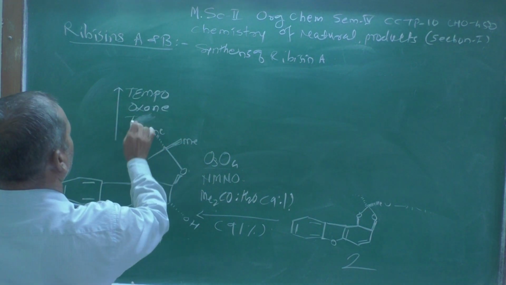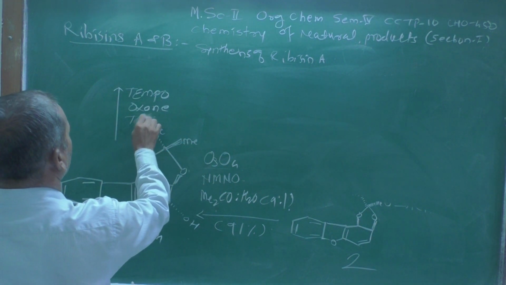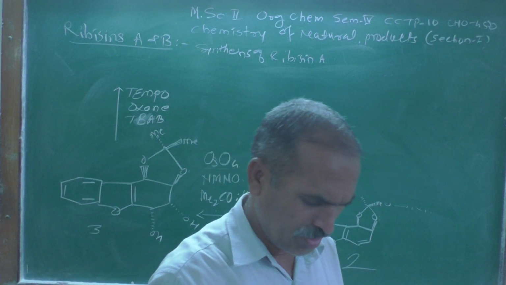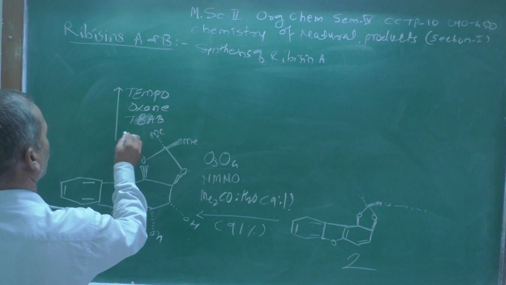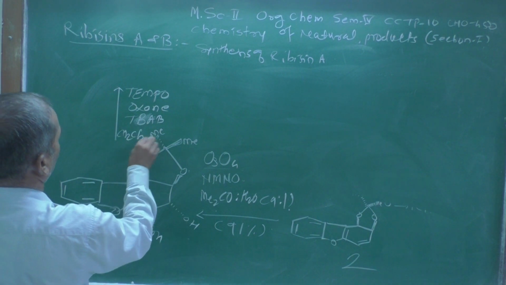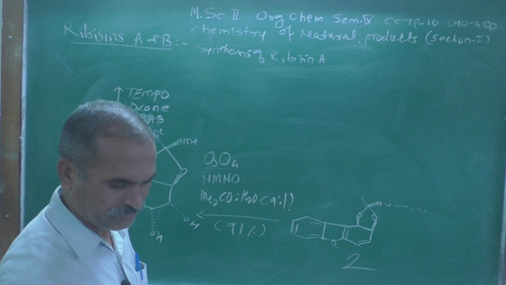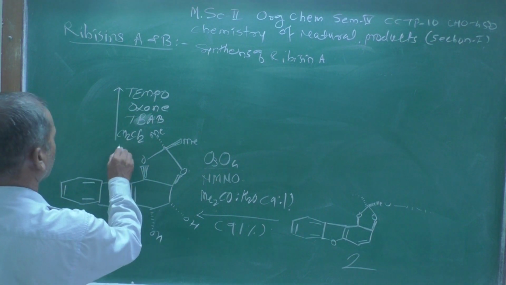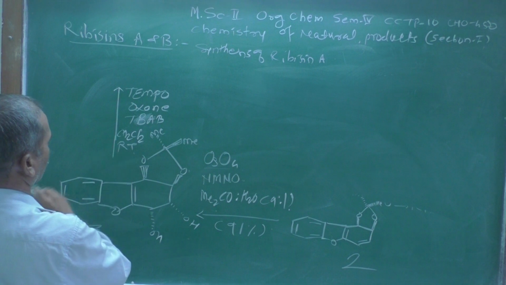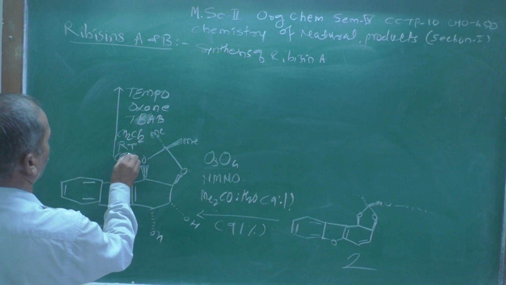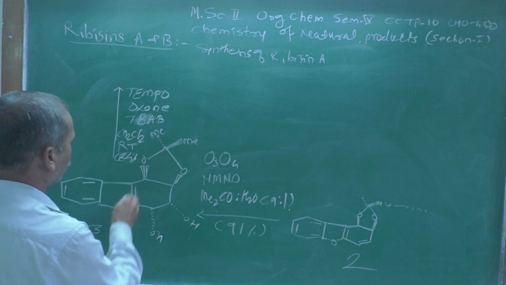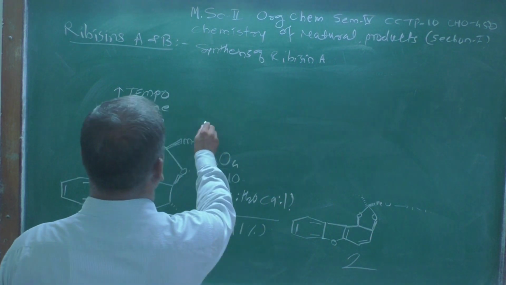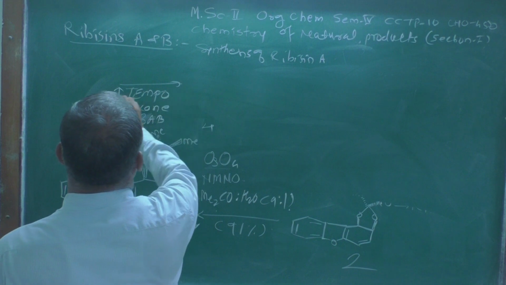The next one is CH2Cl2, dichloromethane, then stirred at room temperature, and they have got 84% yield, and we will get compound number 4 here. Let's see.